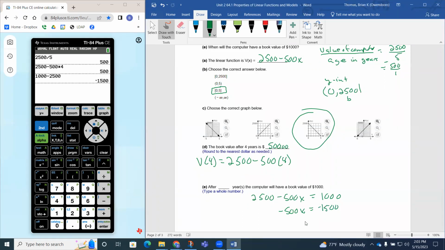Then if I divide both sides by negative 500, that should give me a 3. So I do get 3 years. So after 3 years go by, it should be worth $1,000.